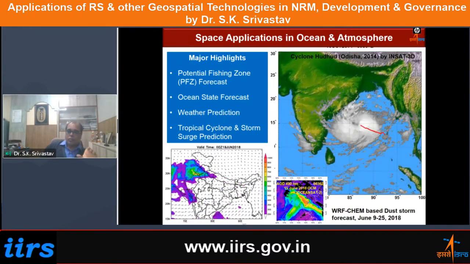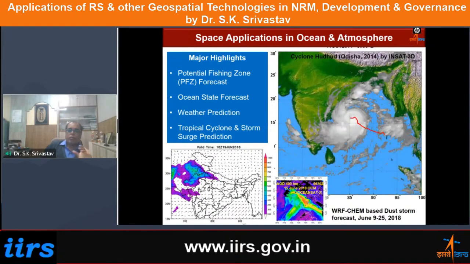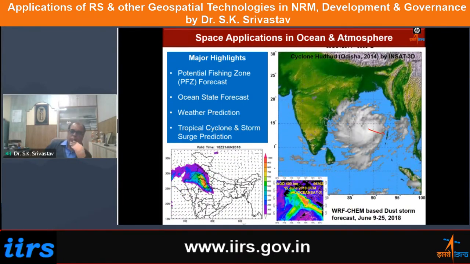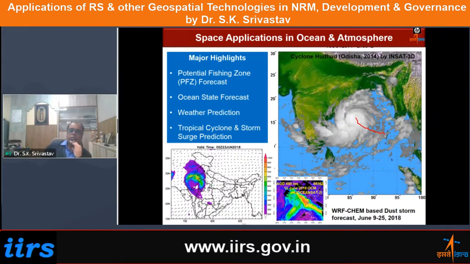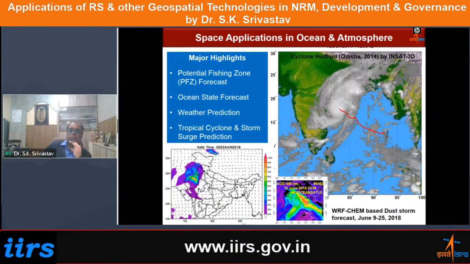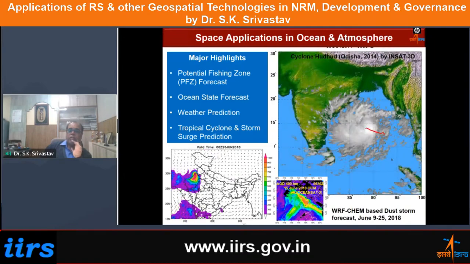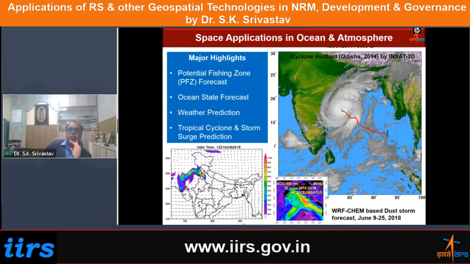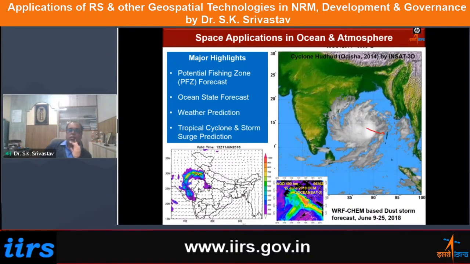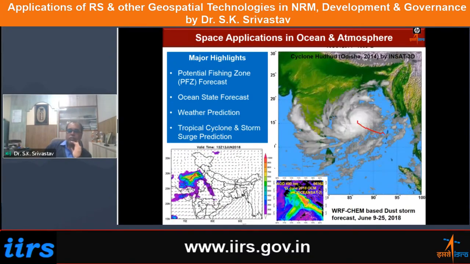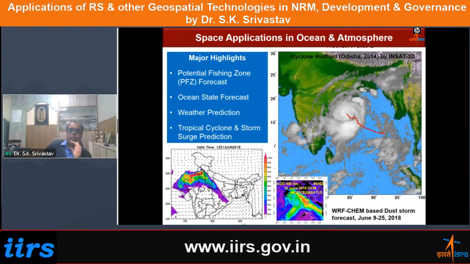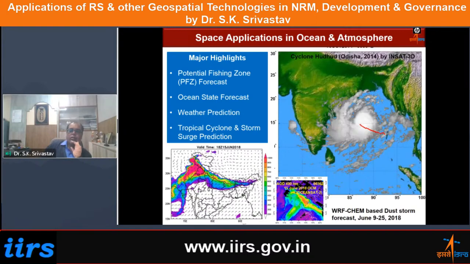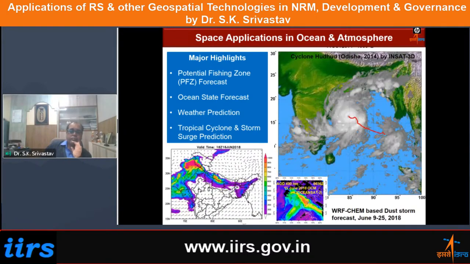So this project is known as potential fishing zone mapping as well as forecast. It is done through satellite images by the Ministry of Earth Sciences. There is a center called INCOIS, Indian National Centre for Ocean Information Services, located at Hyderabad, and they do the satellite image processing and provide the information to the fishermen community.